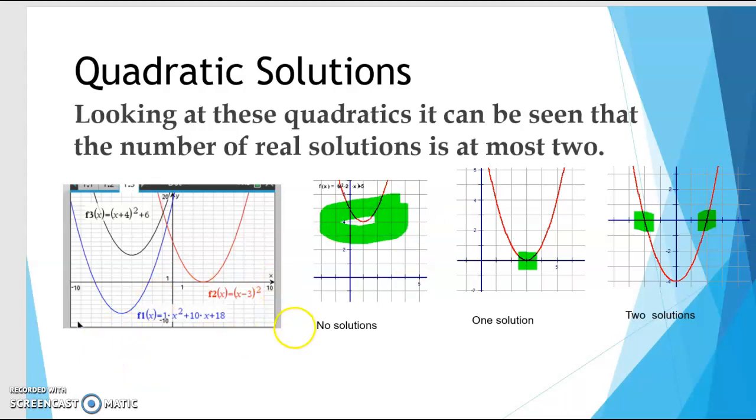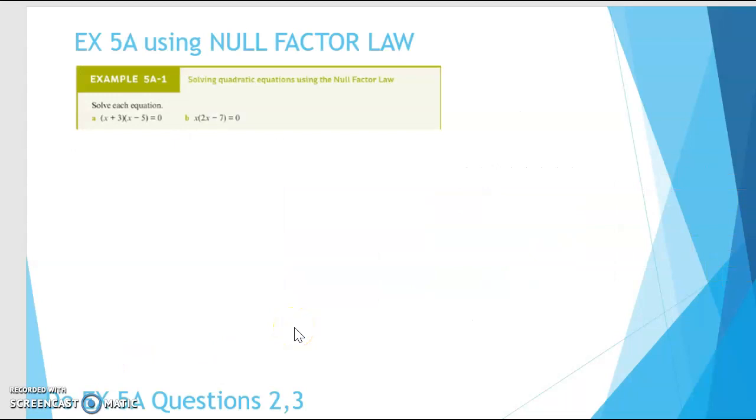So today we're going to look at the simplest of all, where the equation's already factorized. We just have to determine for what values of x it will be equal to 0, and we'll come up with some quick rules as well.